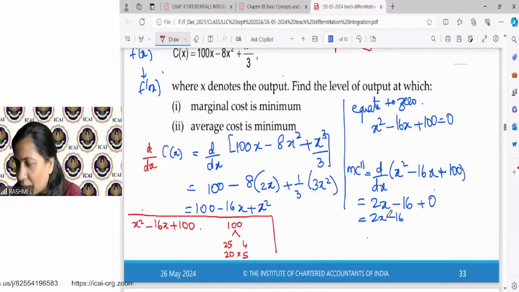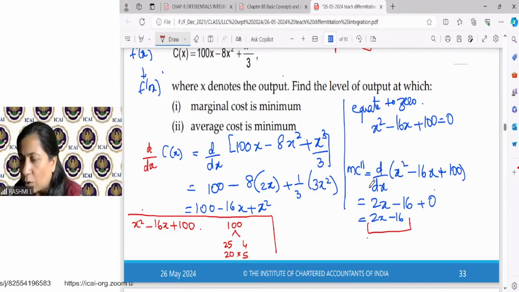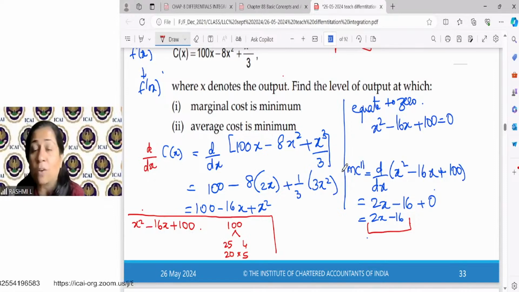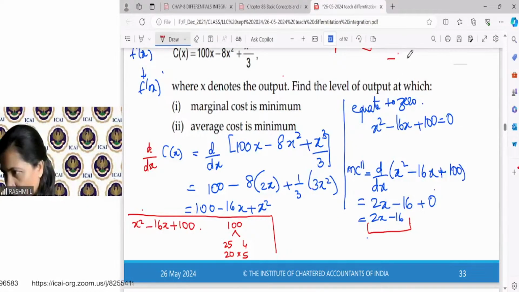Now let us see here what is going to happen. I have x square minus 16x plus 100 equal to 0. You can always use the formula: x equals minus b plus or minus square root of b square minus 4ac, upon twice a.